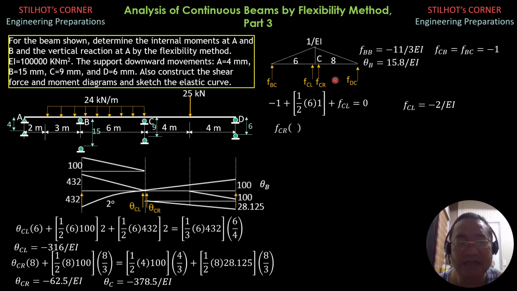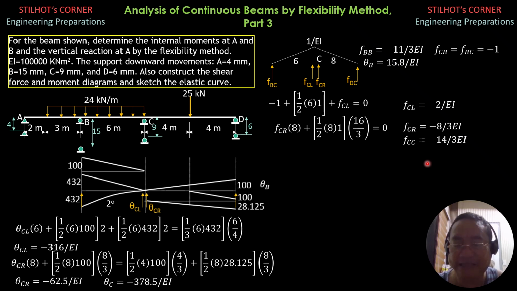FC right times 8 plus 1/2 of 8 times 1, 2/3 of 8 is 16/3, plus 16/3 equals 0. So, FC right is equal to negative 8/3. Therefore, the force coefficient at C, FCC, is negative 2 minus 8/3, and that is negative 14 over 3 EI.